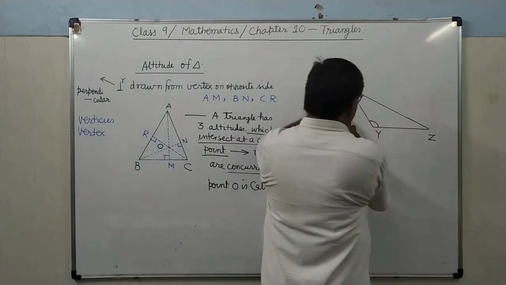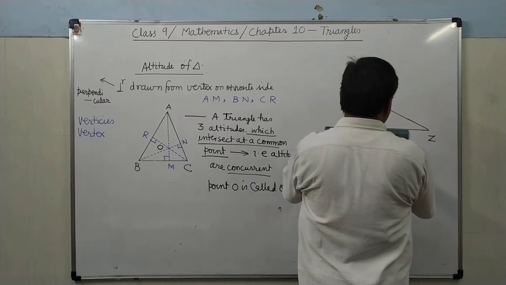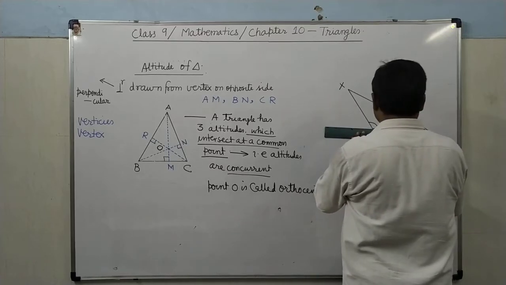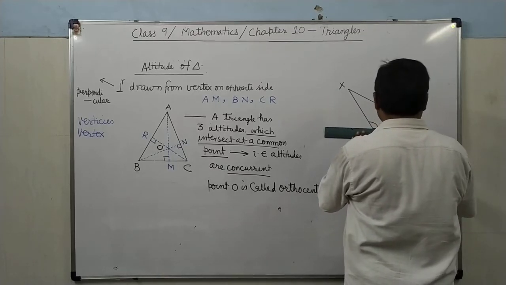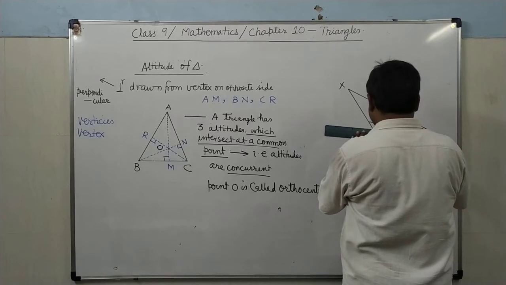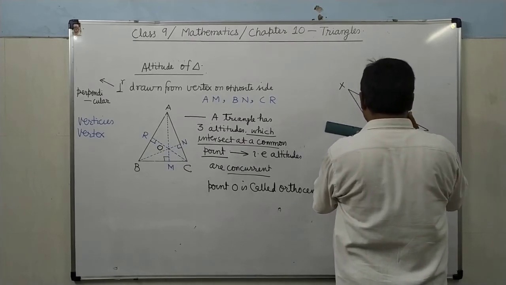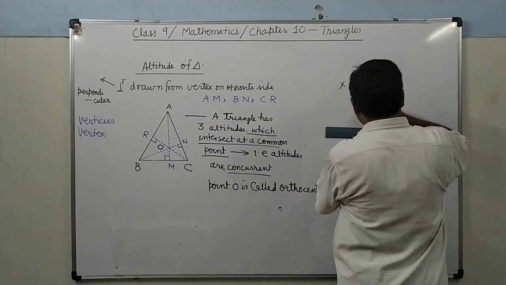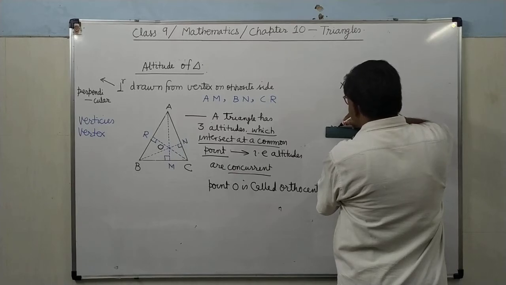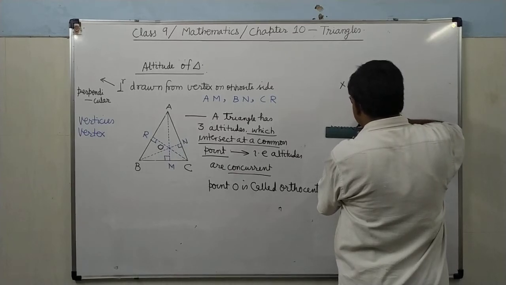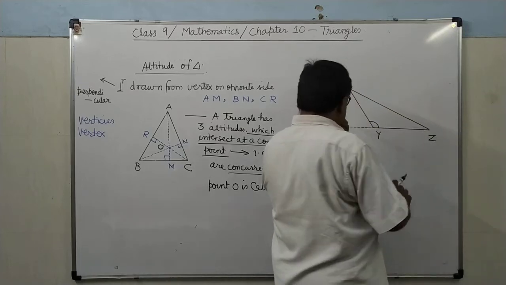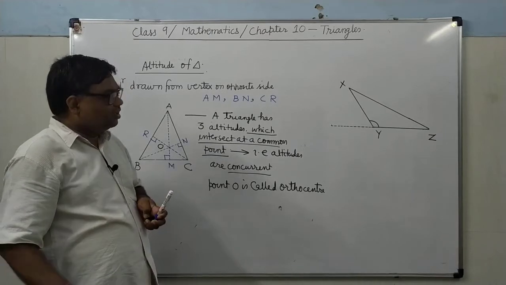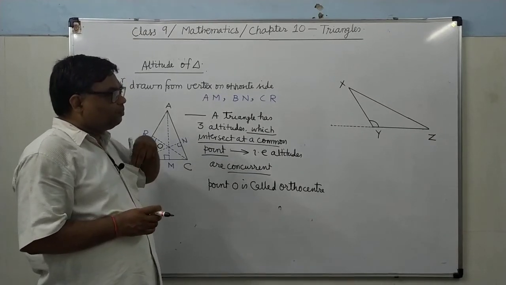When you draw the perpendicular, it will lie on the exterior part of zy. It is lying on the extended part of zy. This dotted portion is the extended part of zy.